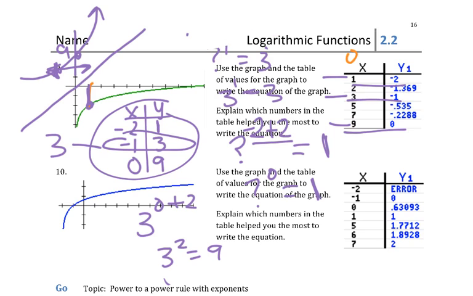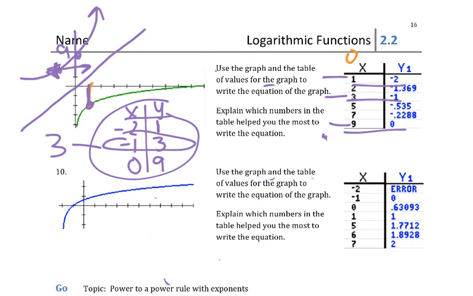So that tells us that exponentially speaking, our exponential equation would be y equals 3 to the x plus 2.